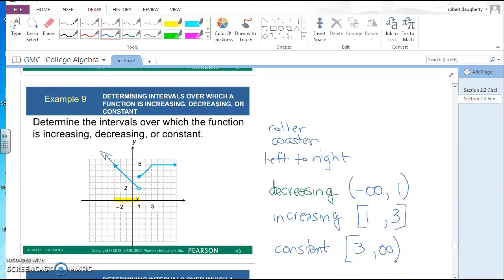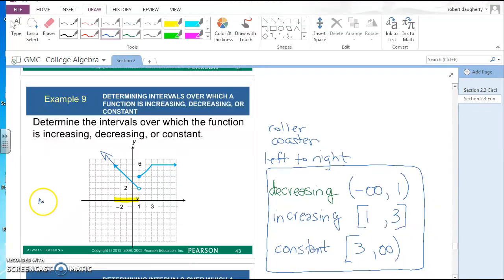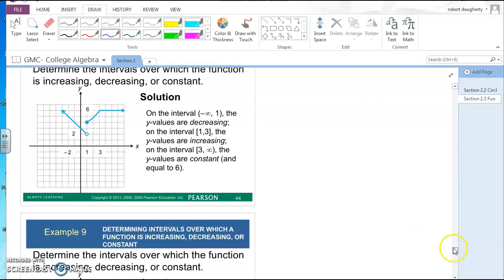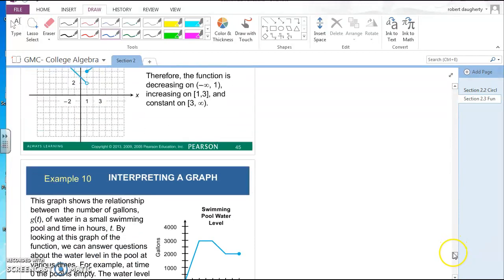All these three intervals you see listed here are on the x-axis. So again, travel from left to right. You're always decreasing until you get to 1. That's what this first one means. Then it looks like we increase between 1 and 3. That's this. And then we remain constant from 3 to infinity. That's the next interval that you see there.